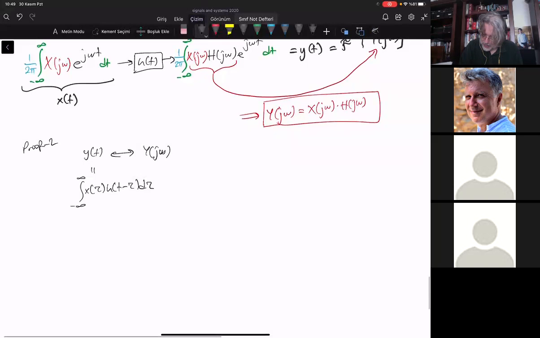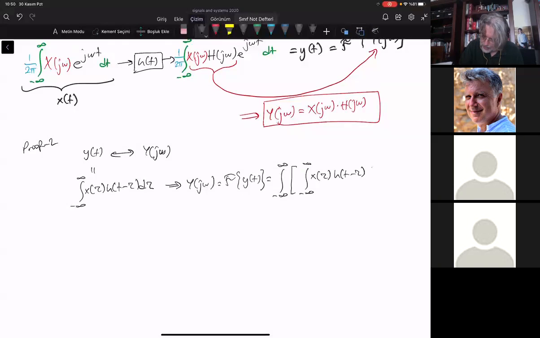So Y of j omega is the Fourier transform of it. The Fourier transform of y of t is equal to the Fourier transform integral, from minus infinity to infinity, and inside it, I have to write y of t. And y of t is integral from minus infinity to infinity x of tau, h of t minus tau, d tau.